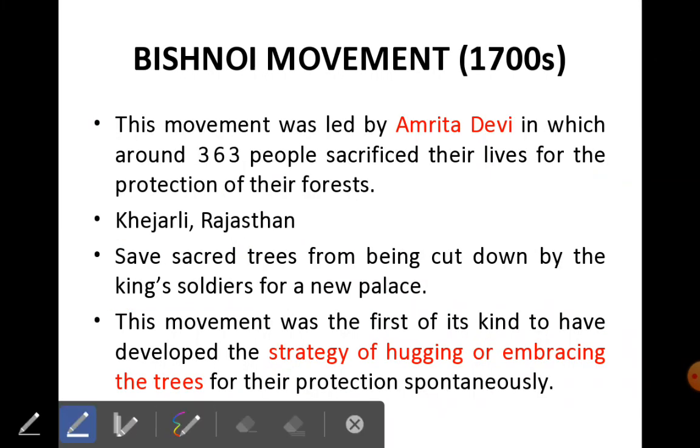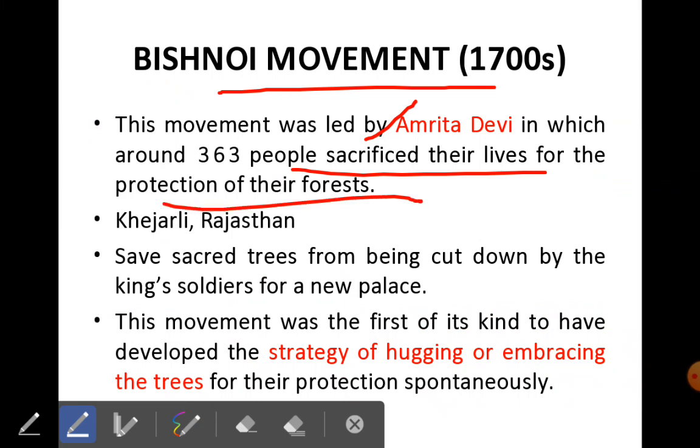Next is the BISHNOI movement. I told you the CHIPKO movement was also influenced by it. It happened in the 1700s. This movement was led by Amrita Devi, in which around 363 people sacrificed their lives for the protection of their forests. The CHIPKO movement happened in Chamoli district, Uttarakhand. This happened in Khejarli, Rajasthan. This was to save sacred trees from being cut down by the king's soldiers for a new palace.